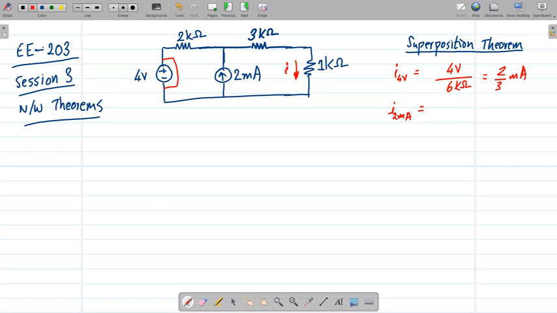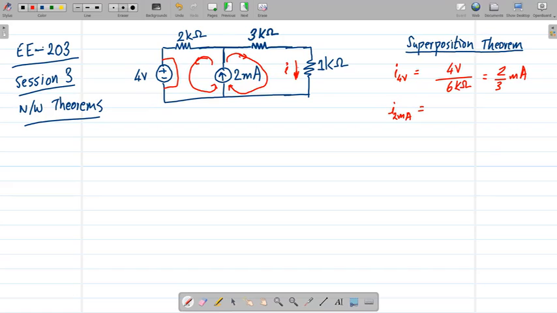And what is the current now flowing into the 1 kilo ohm resistor? Well, there are two paths. There is a current path going from here and a current path going from here, both of which then add up and come back to the current source. So current is divided into two parallel branches. One branch has 2 kilo ohms and one branch has 3 plus 1, 4 kilo ohms.